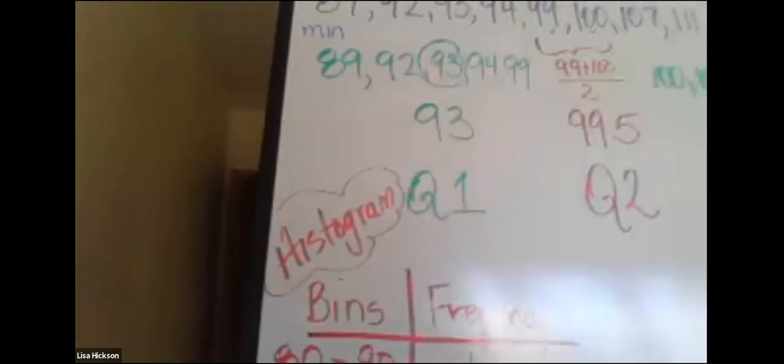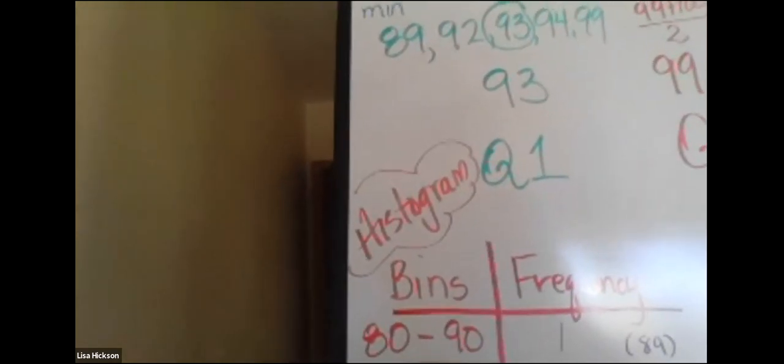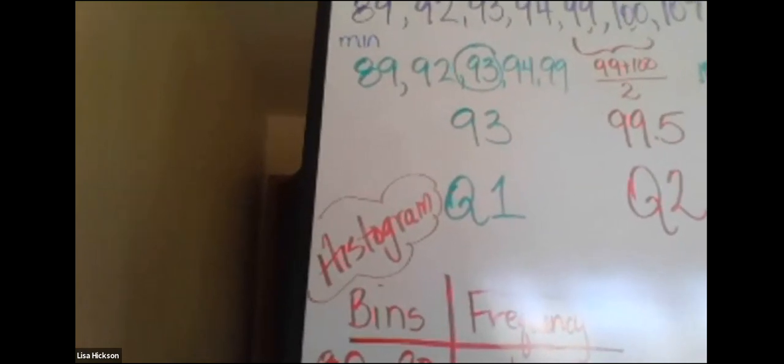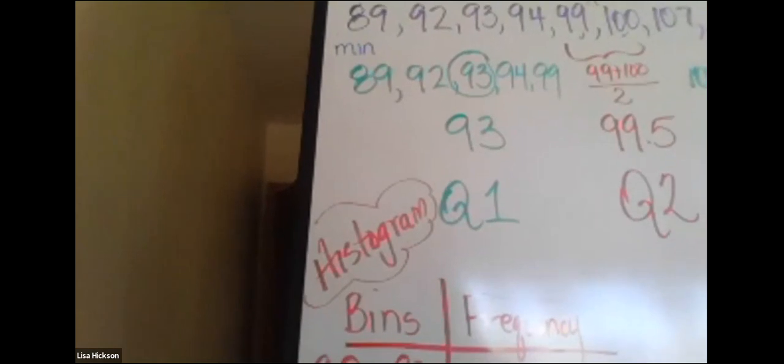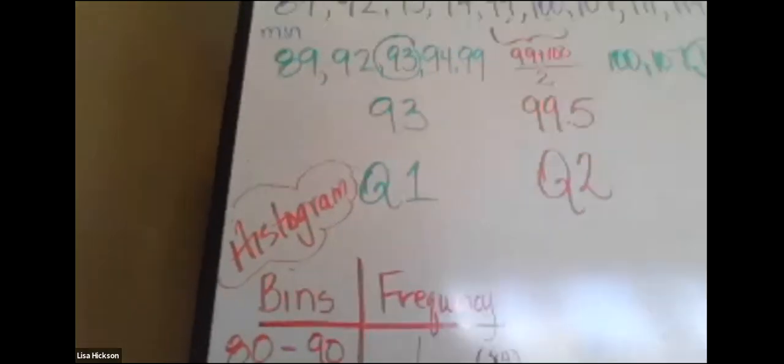My apologies on that. Then from 110 to 120, we have 2, because we have 111 and we have 119. Then from 120 to 125, we have none. And then from 125 to 130, we have 1, and that is the number 125. Okay?